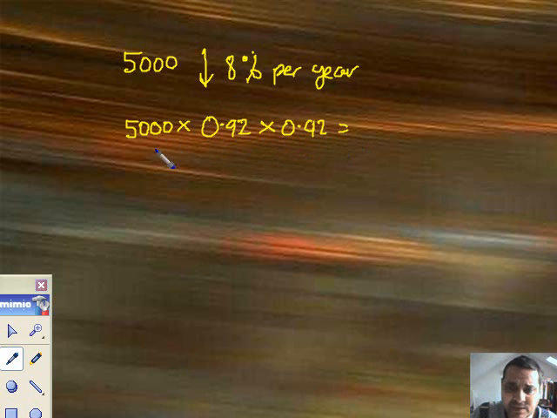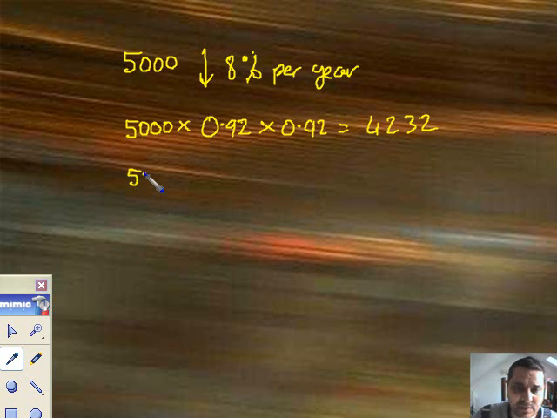So no middle answer required. That's obviously after 2 years. So 5,000 multiplied by 0.92 and multiply by 0.92 again. That gives me 4,232 trout.